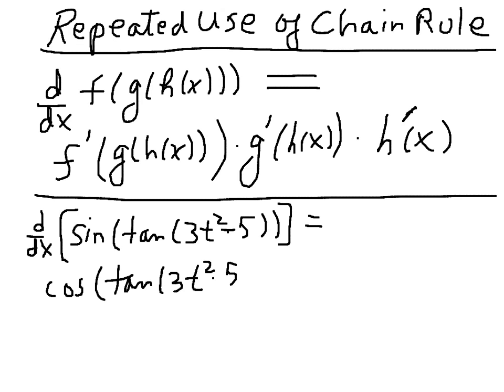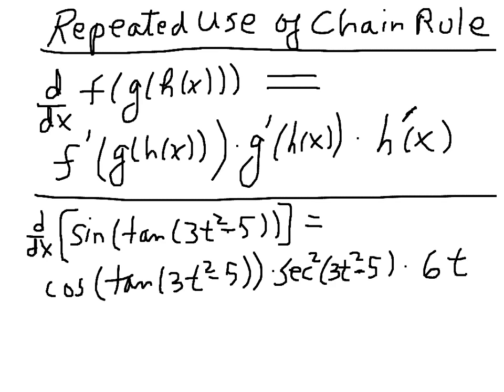Okay, that's one layer of the onion. Now we're taking the derivative of tan, which is sec squared of 3t squared minus 5. And then finally we're at the innermost function, 3t squared minus 5, and its derivative is 6t. So take a second and think about that, and that's about how hard it can get.